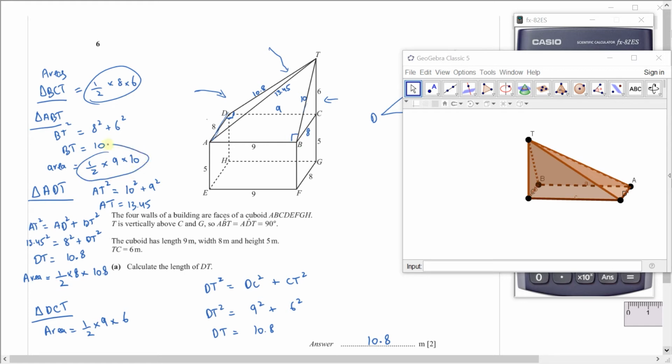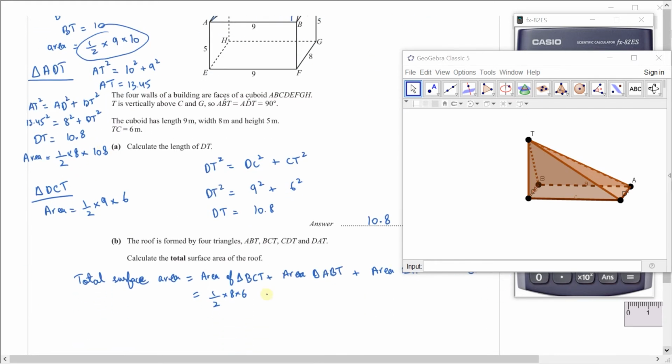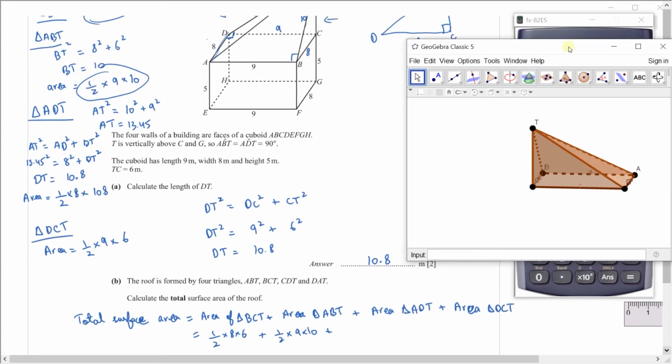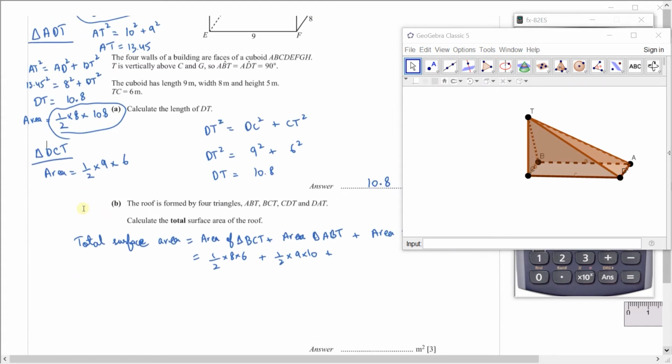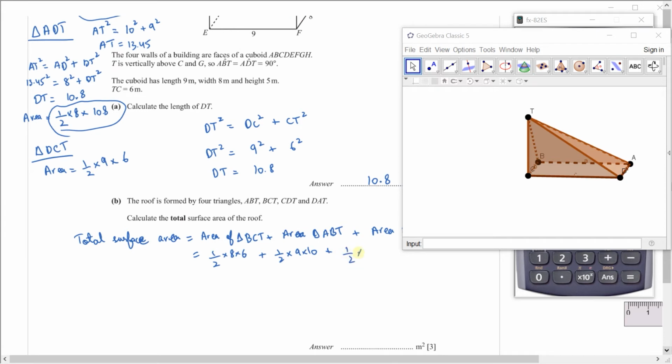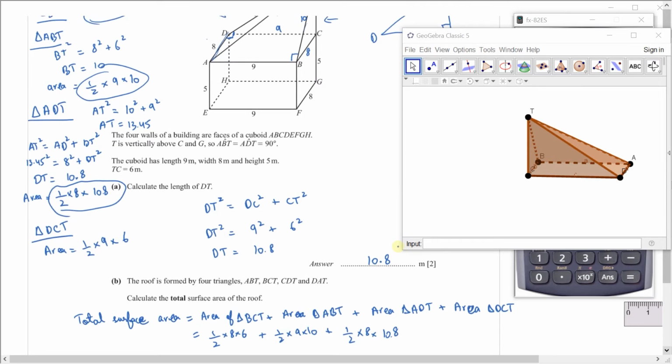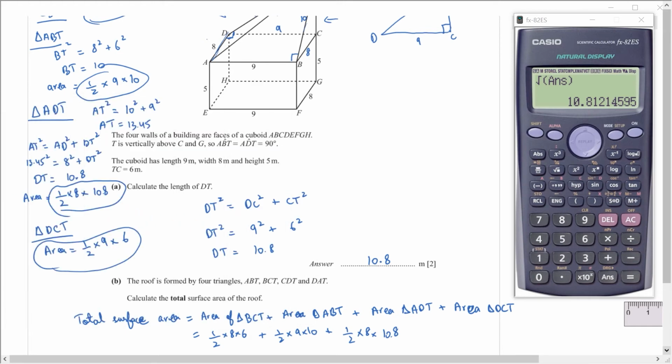Then I have this one, 1 by 2 into 9 into 10, plus ADT is this here, 1 by 2 into 8 into 10.8, and the last one is this one, 1 by 2 into 9 into 6. So let me move this out of the way.